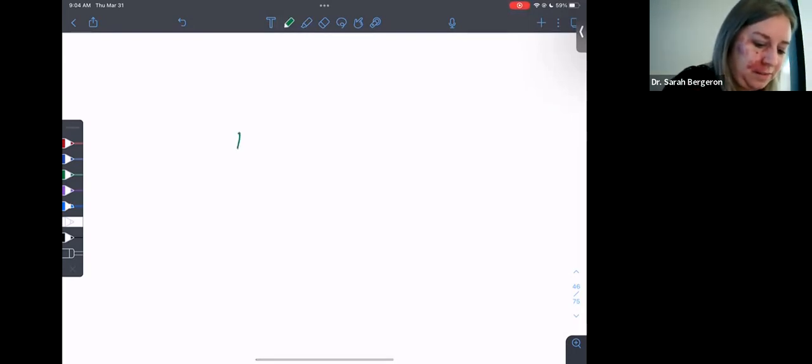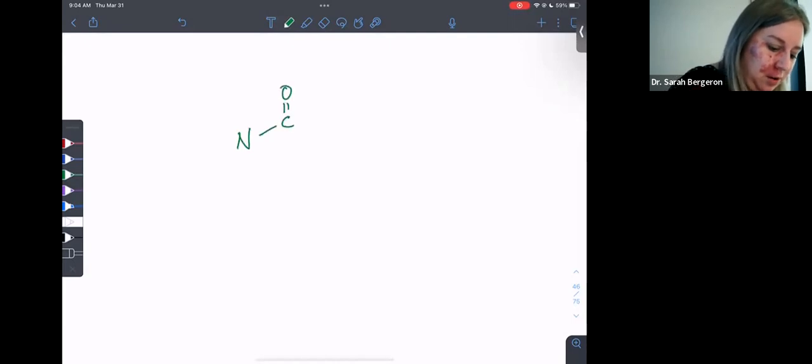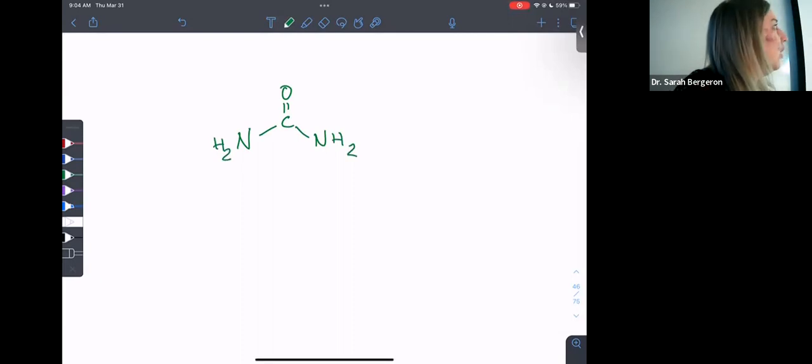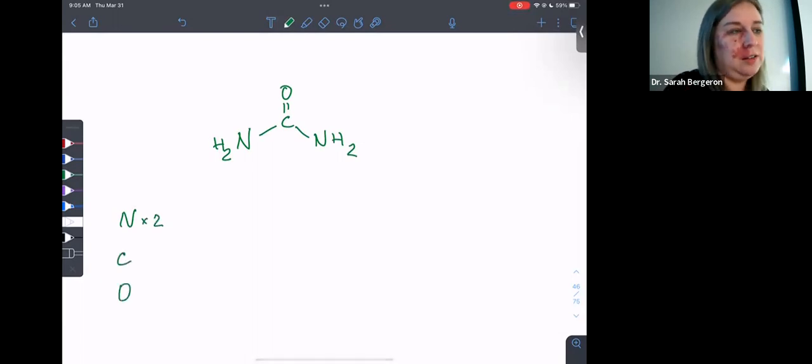Two nitrogen groups on either side of a carbonyl. So N, C, O, N, right? That's urea. So what are the 4 different groups that we're going to have to account for? We have the nitrogen, and that'll be times 2, right? The carbon and the oxygen.